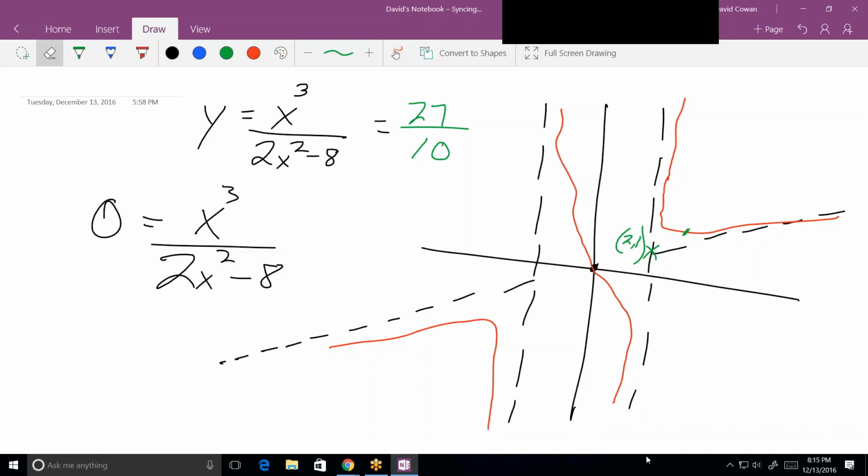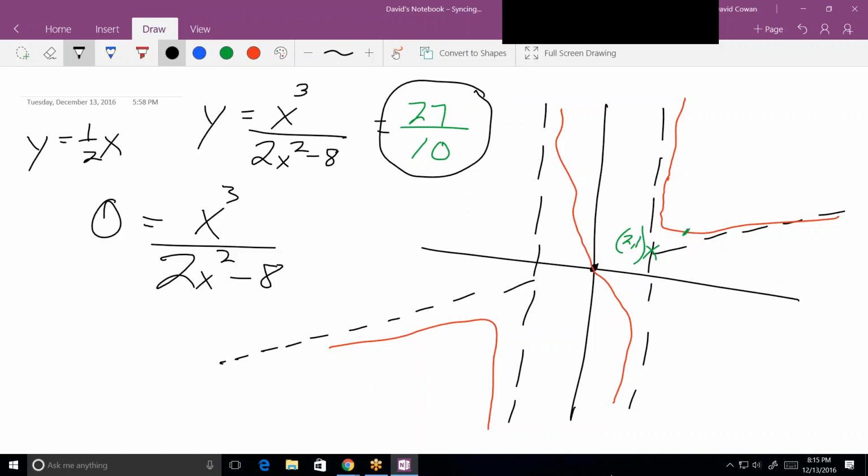The equation of the oblique asymptote was y equals 1/2 x, right? So when x is 3, this is at 3/2. Well, our point was at 27/10, which is greater than 3/2, so my red is definitely correct.